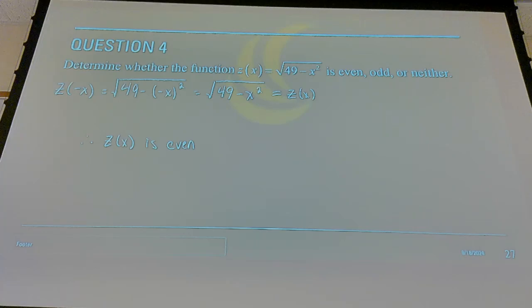Like the equation, it represents a curve. A very common curve. The upper semicircle of radius 7. Oh, yeah.